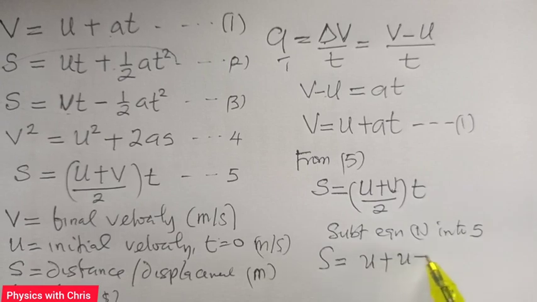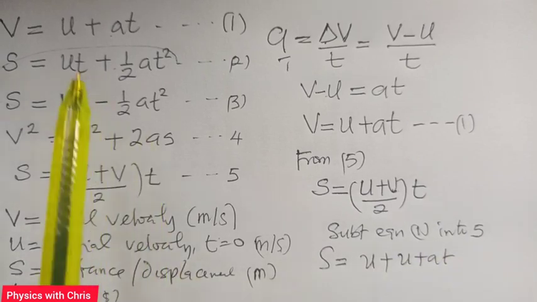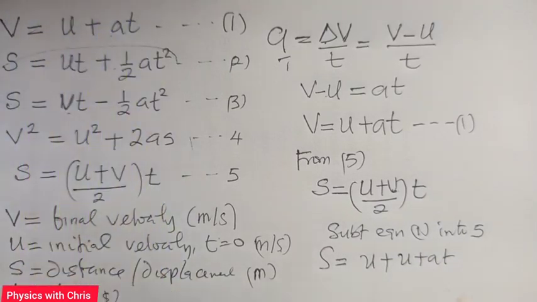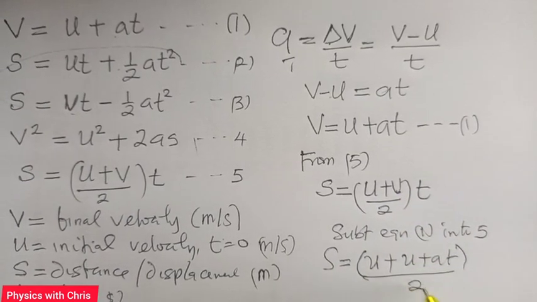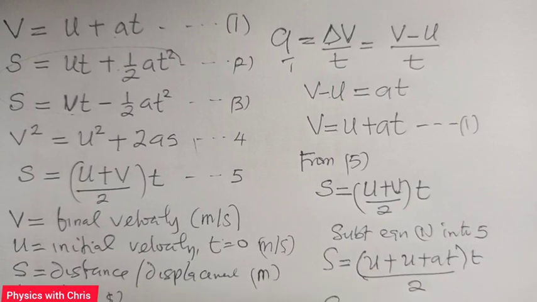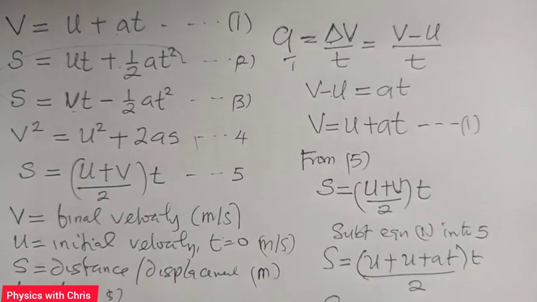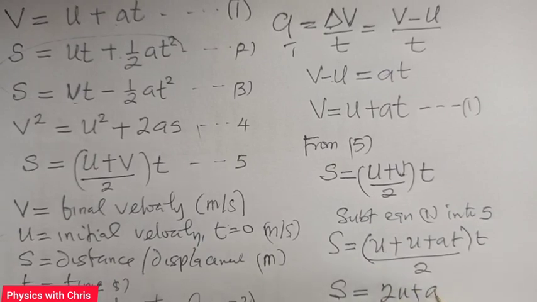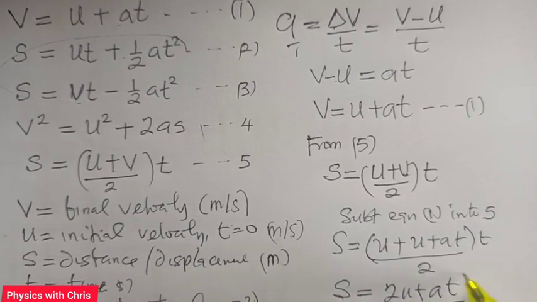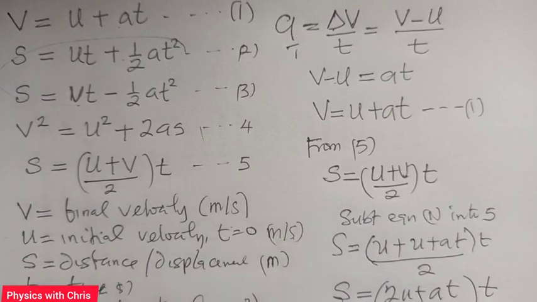V is u plus at, from equation 1. So I replace v with that, u plus u plus at, divided by 2, times t, so that I have s equals 2u plus at divided by 2, times t.